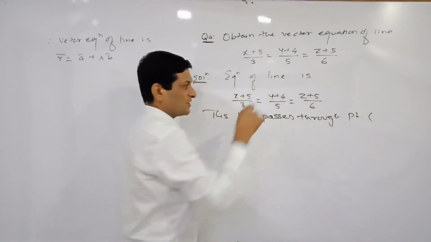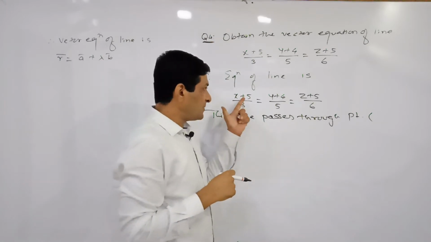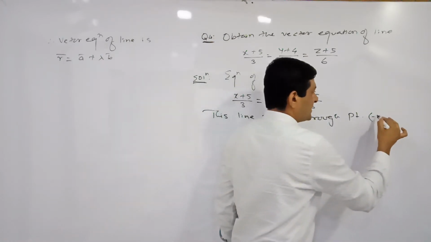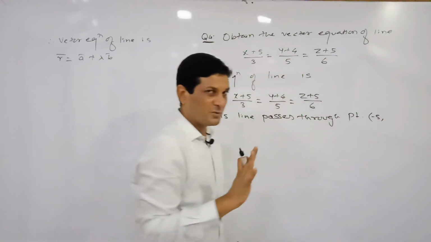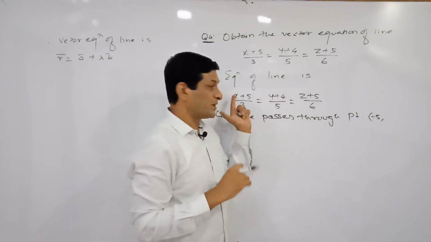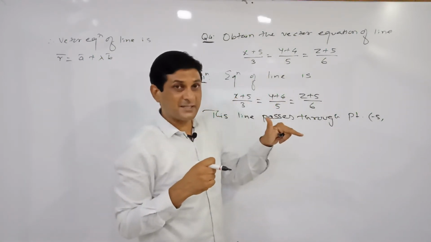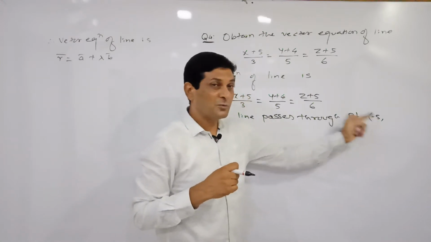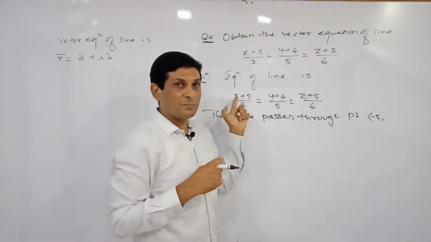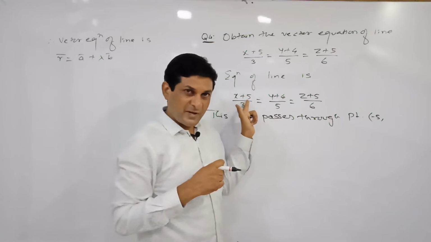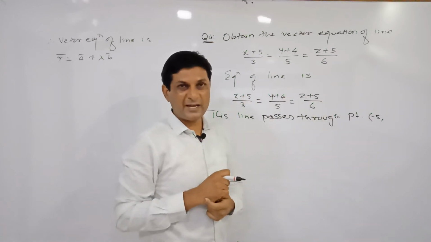From this equation, what coordinates do we get? If plus 5 is there, then minus 5 will be the x coordinate. The original formula is x minus x1, but if x1 is negative, minus and minus become plus. Here, if plus 5 is there, definitely the x coordinate is minus 5.